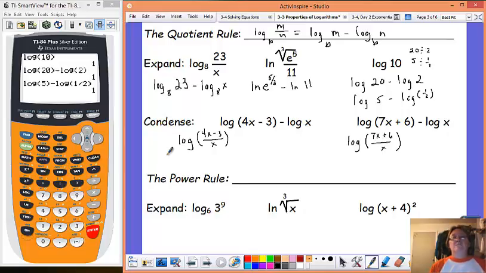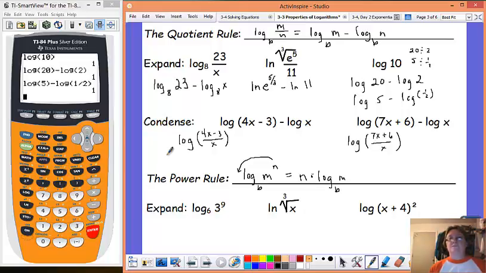The next of our simplifying rules is the power rule, and some of you will remember this. If we have the log base b of some number raised to a power, the rule says that the exponent can actually come out in front and be the multiplier. So this one would simplify to n times the log base b of m.